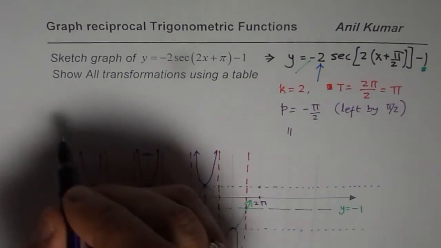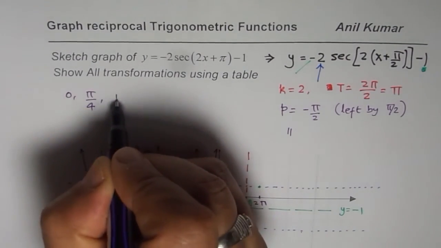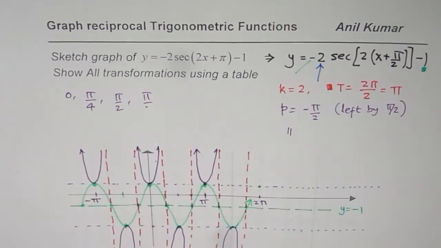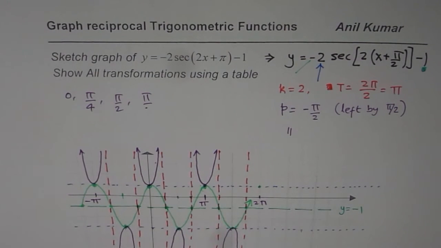So you can find the values for 0, pi by 4, pi by 2, pi, correct? Likewise, once you get these points, those can be plotted and you get more accurate values. But broadly speaking, that is how your secant graph is going to look for this particular function. I hope that helps. Thank you and all the best.